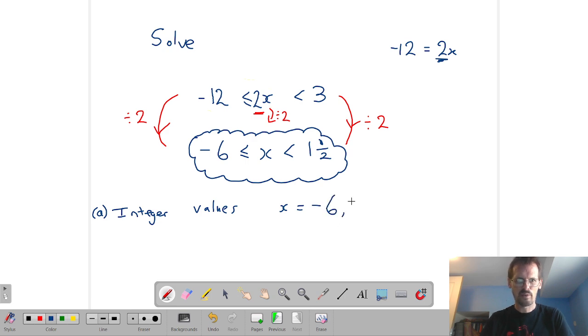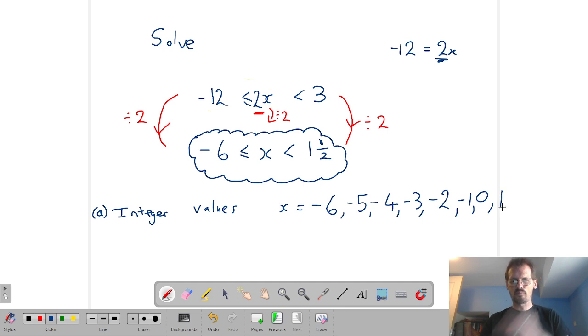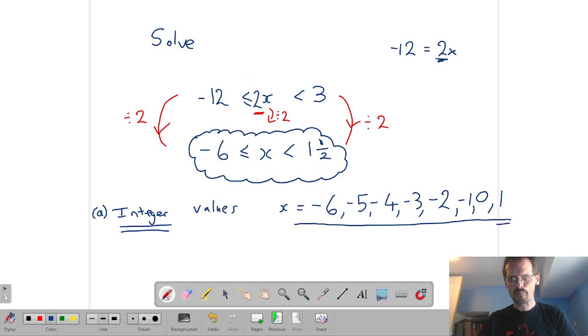So we can start from minus 6, minus 5, minus 4, minus 3, minus 2, minus 1, 0, 1. Now, it can't be equal to 2 because that's too big. We can't put 1.5 here because that's not an integer value. So there is the full list of values it can be: minus 6, minus 5, minus 4, minus 3, minus 2, minus 1, 0, and 1.